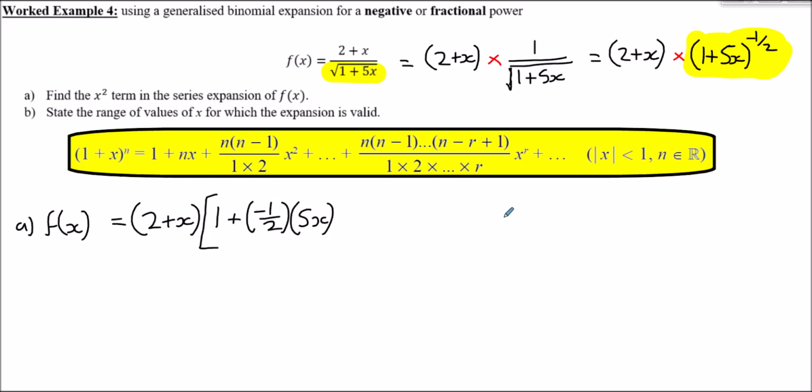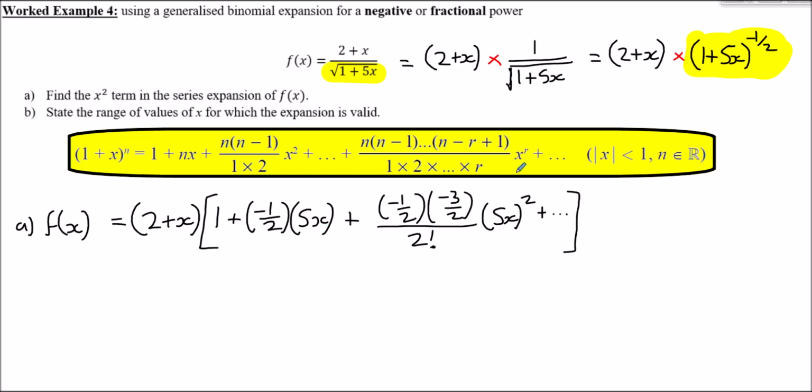Like so. And then it's going to be minus a half times minus 3 over 2, all divided by 2 factorial, multiplied by 5x, all squared. And of course this expansion will carry on to infinity, but because we only want up to the x squared term, we can stop after x squared.